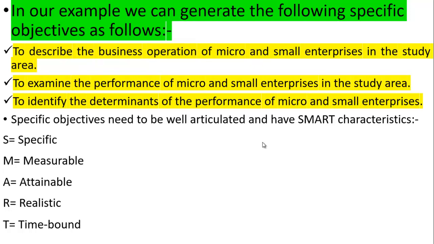And for each specific objective, when we are setting the objective, we have to make sure that the time allocated for our study and the specific objectives we are setting go together. Okay, if the research is a 1 year project, then the specific objectives we are setting should be on that time scale.